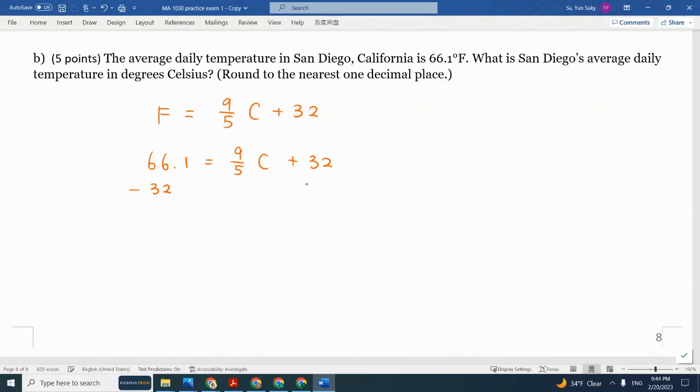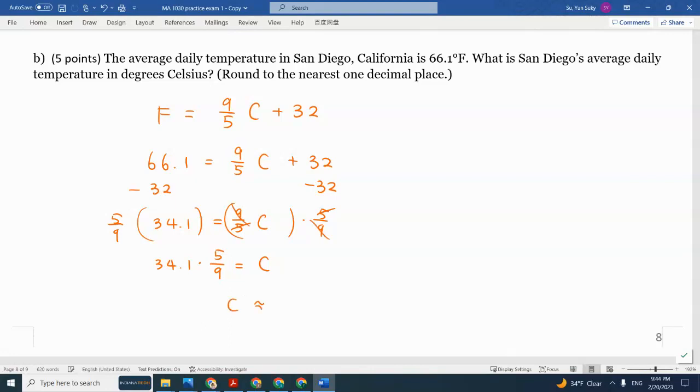So subtract 32. 66.1 subtract 32 is 34.1. Now, we multiply both sides by 5 over 9 to get rid of 9/5. We multiply by the reciprocal. See, the 5 cancels, the 9 cancels, and you get C.